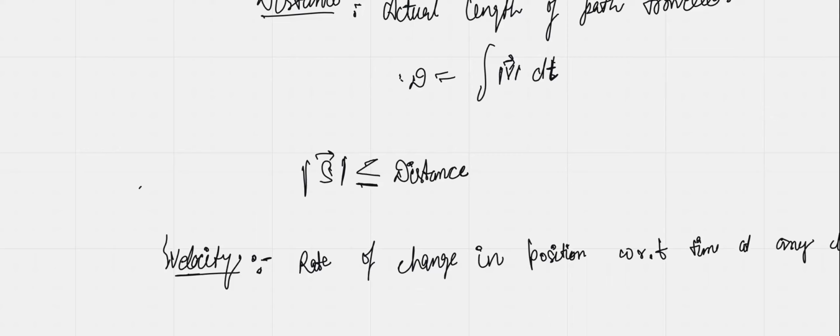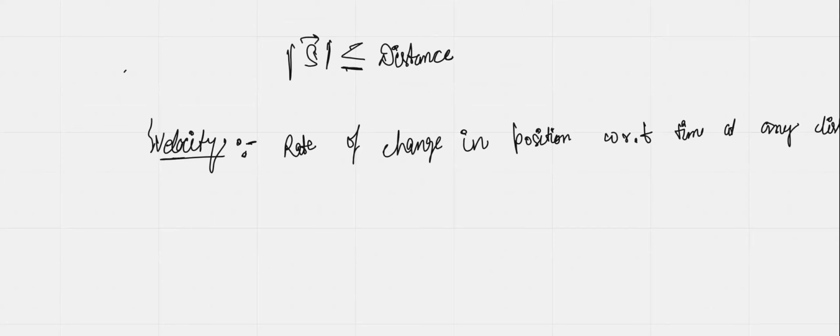Now, Bhavna, what happens is I am giving you some kind of velocity vector. It may be a variable velocity vector, it may be a constant velocity vector. Here I have given you the displacement vector, not the velocity vector. So I can simply say that a velocity vector will be nothing but the rate of change in position, right?